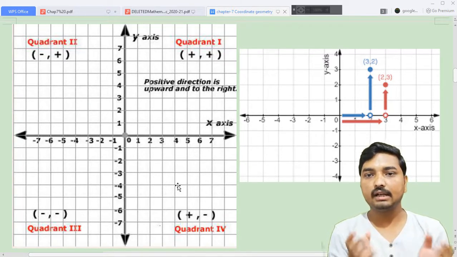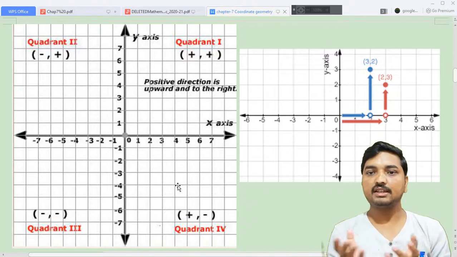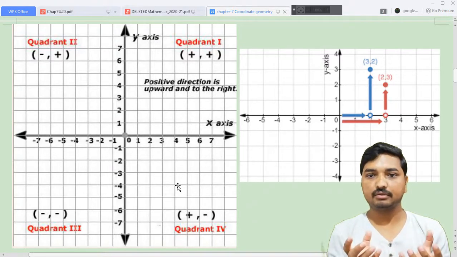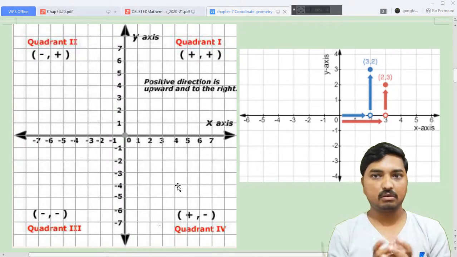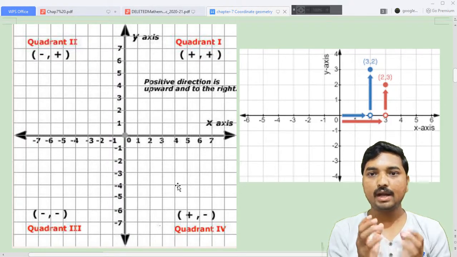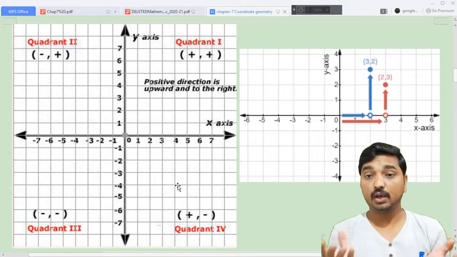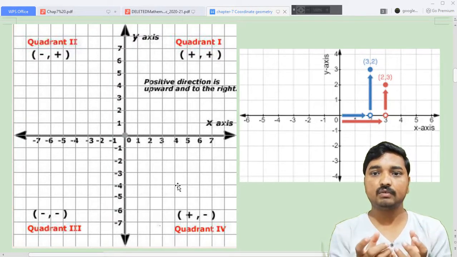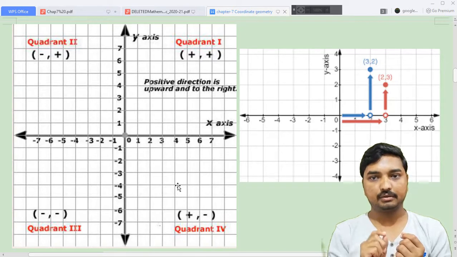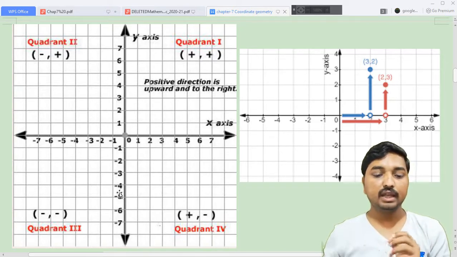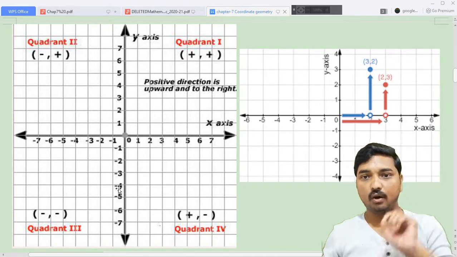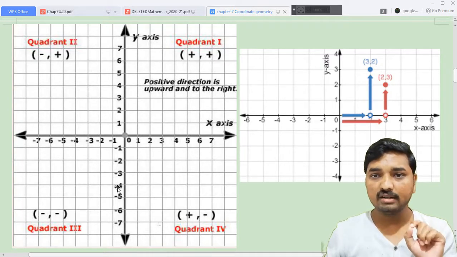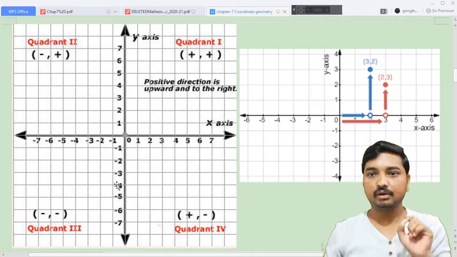If you divide the entire region into 2 equal parts, each part is called a half. But when we divide the entire part into 4 equal parts, each part is called a quarter. That's why the name quadrant. Remember, each part is called a quadrant, and these quadrants have to be numbered in a particular way.